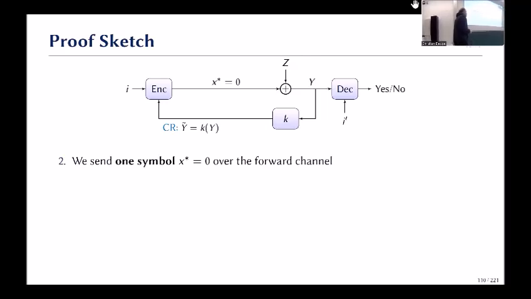The main idea is it's enough to send one symbol to create as much randomness as we wish. Why is it possible? We send here x equals 0, and then we get here Gaussian noise. So you get some noise, some real number, and it's going back via the noiseless channel.